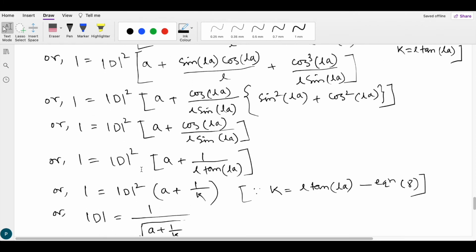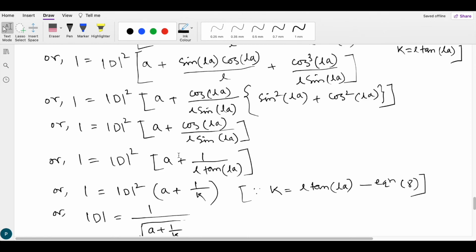So the equation becomes 1 equals d square times a plus cos la by l sin la. Now divide by cos la in the last part of the equation.